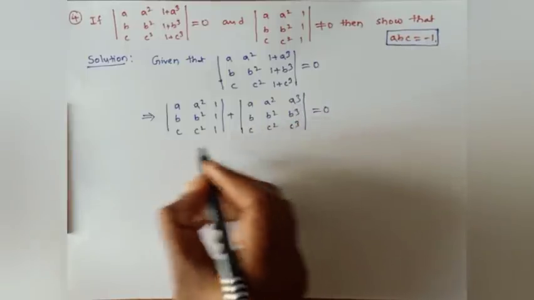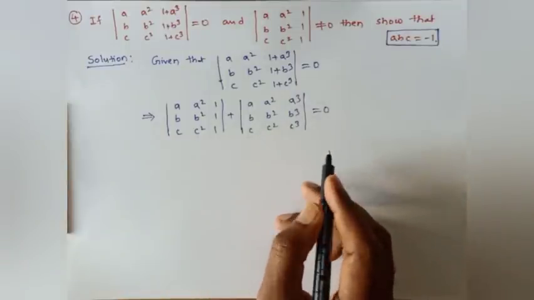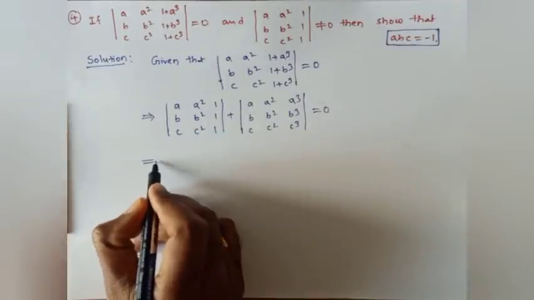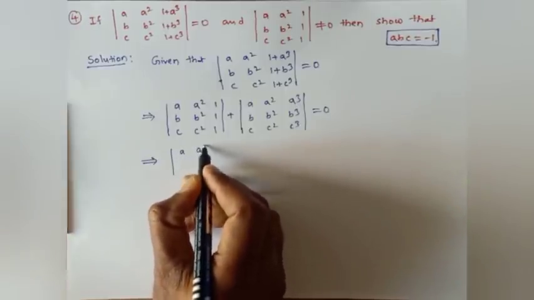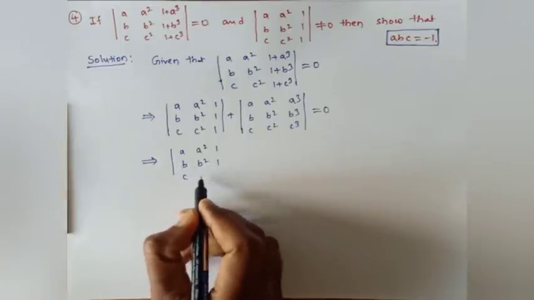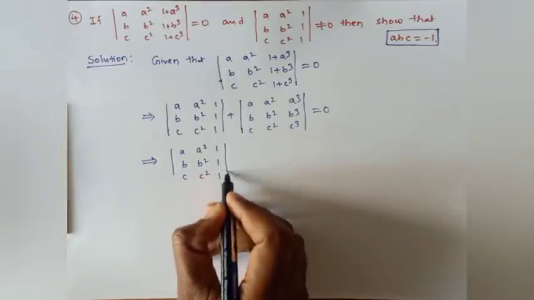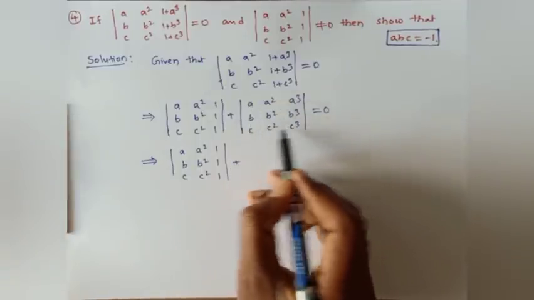So already we have seen this property, maybe property number 6, I think so, right? So you need to simplify this. So this is a square 1, b square 1, c square 1 plus, now observe the first row, second row, third row.